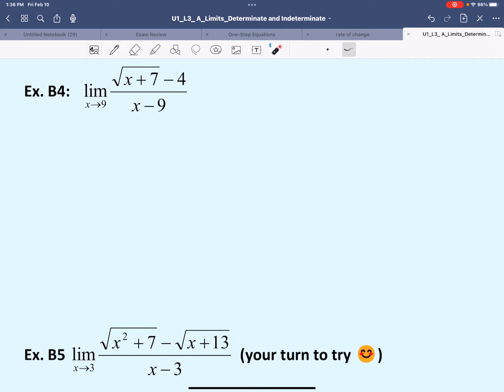So we have to simplify it so that we're able to determine it. We just discovered that at x equals 9, both numerator and denominator become 0, which means that x minus 9 is a factor of the numerator. And obviously, it's a factor in the denominator. The problem is, how do I get x minus 9 factored from a radical?